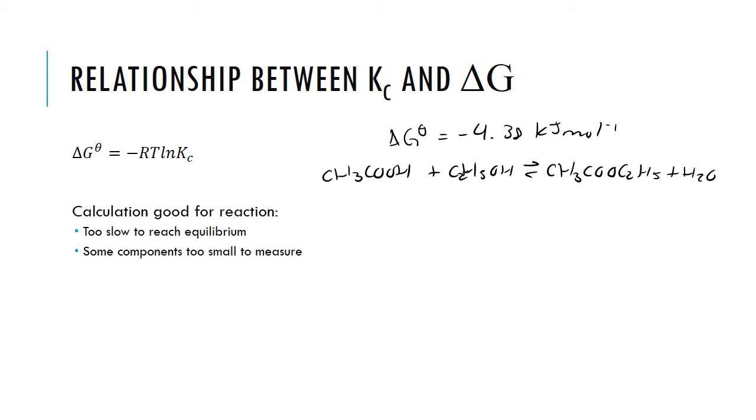We have to use 298 Kelvin because delta G is being calculated based off standard conditions. So delta G equals negative RT ln Kc.